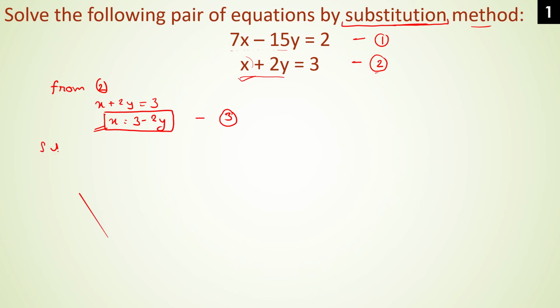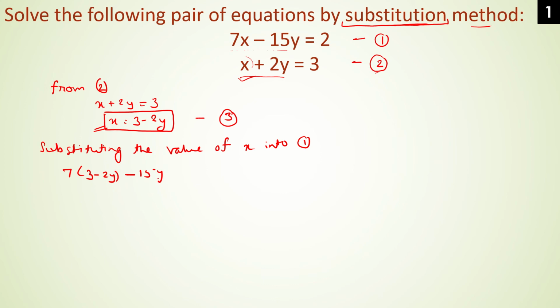So substituting the value of x into first, we get 7 into (3 minus 2y) minus 15y equals 2. So it is 21 minus 14y minus 15y equals 2.